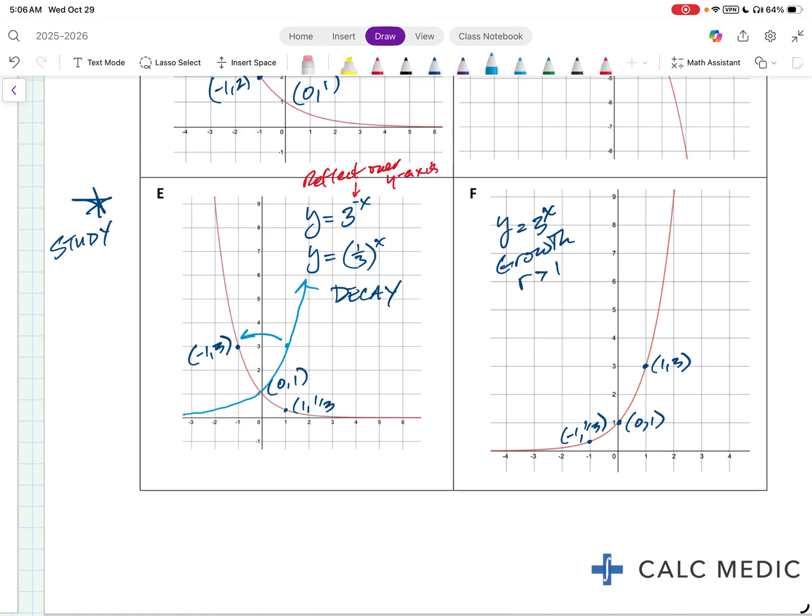So this is 3 to the x power, which is growth, but when you have a negative exponent, it reflects it over the y-axis, right? So this is a reflection. I'm talking about over the y-axis, not the x-axis, because you're affecting x, not y. And that is a good one.